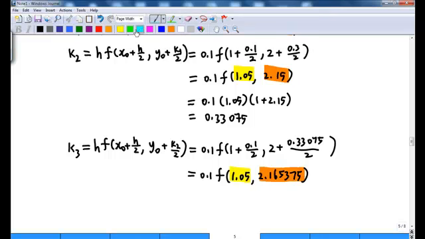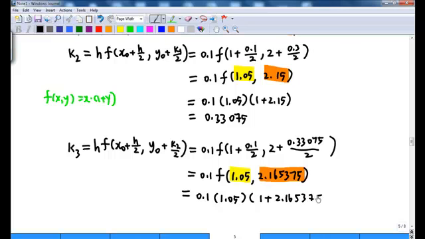Our formula f of x, y was x times 1 plus y. So this is equal to 0.1 times x 1.05 times 1 plus y 2.165375. Now this is equal to 0.3324.